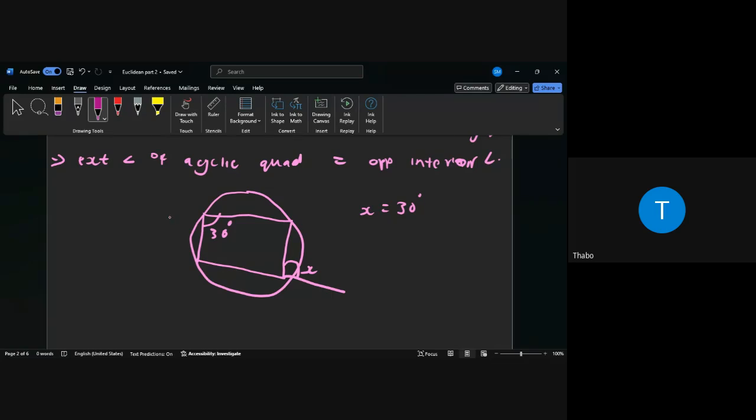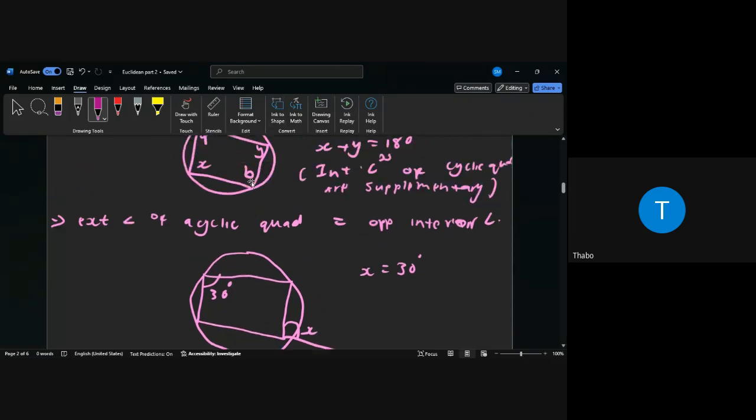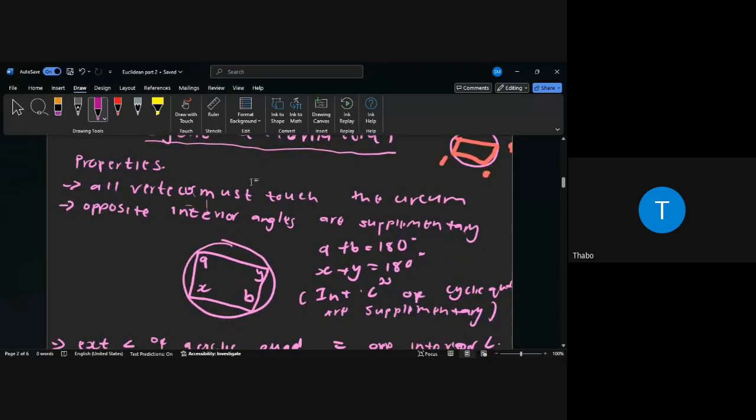Are we together, guys? So now we check. You're gonna be asked to prove that the figure is a cyclic quad. Let's check which of the properties you can prove. Can you prove that all the vertices touch the circumference? No, you can't prove that in writing, but you can prove the last two properties.